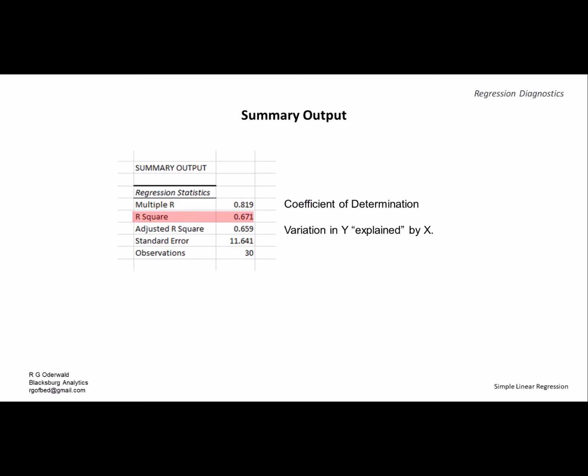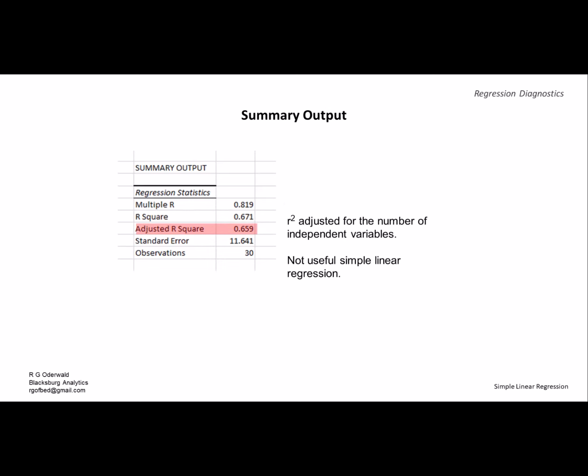R squared, 0.671 or 67.1%, is the amount of variation in Y associated with X. The next entry, adjusted R squared, is the regular R squared adjusted for the number of independent variables.